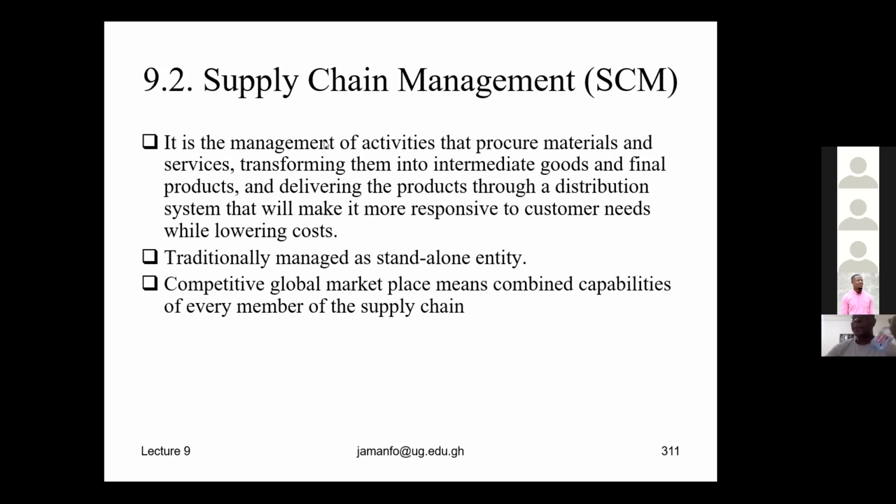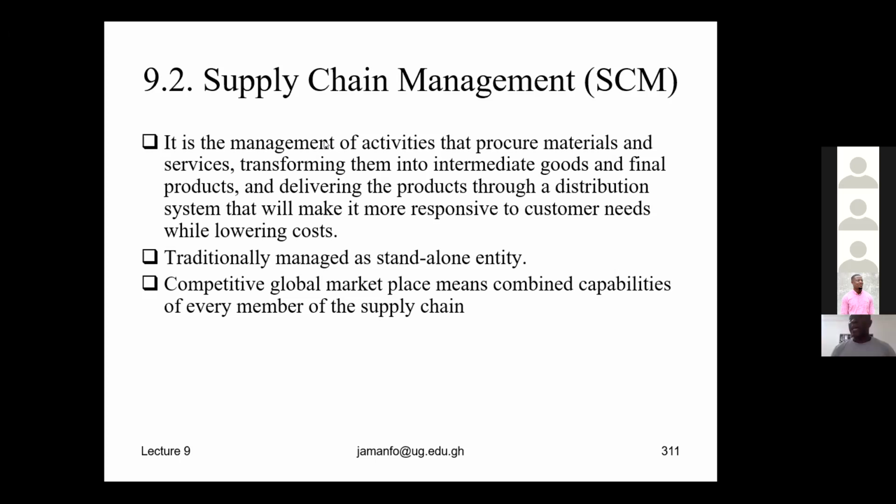But the capability of the RFID far outweighs the barcoding system. Now again, let me also tell you how this barcoding system works within the retail outlets. So if you go into the retail outlets and this product is sitting on the shelf, the barcode is active. It has been activated.